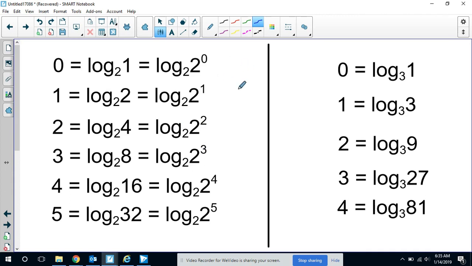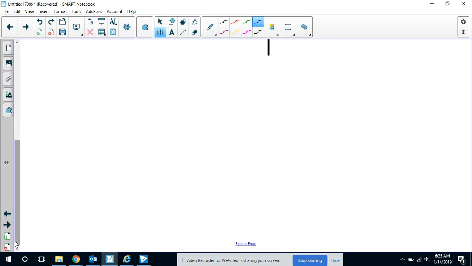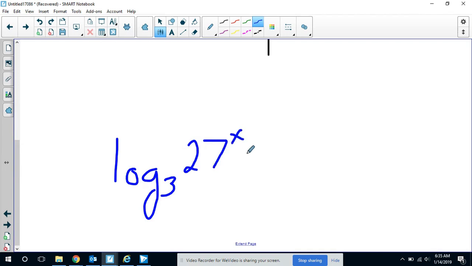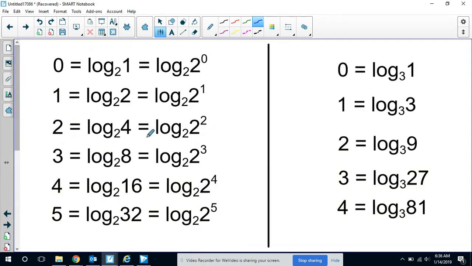So if I have a log function, like for example, log base 3 of 27 to the x power, because this exponent always ended up being the answer, and then this was 1, that works in other ways too. So this is an easy way to see it.